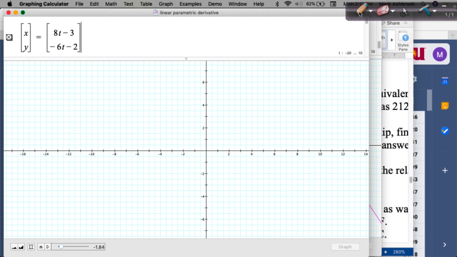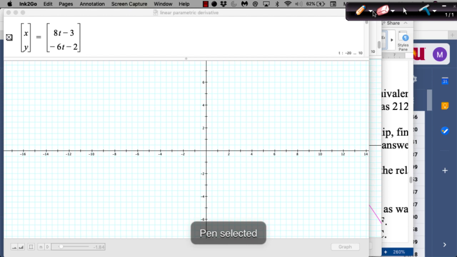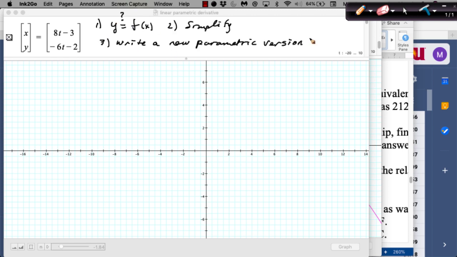So can we write y as a function of x? And then, once you get this function, write a second parametric version of that function.